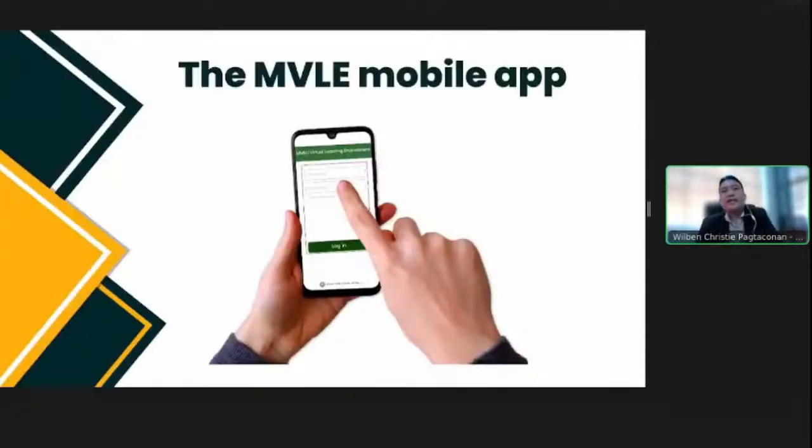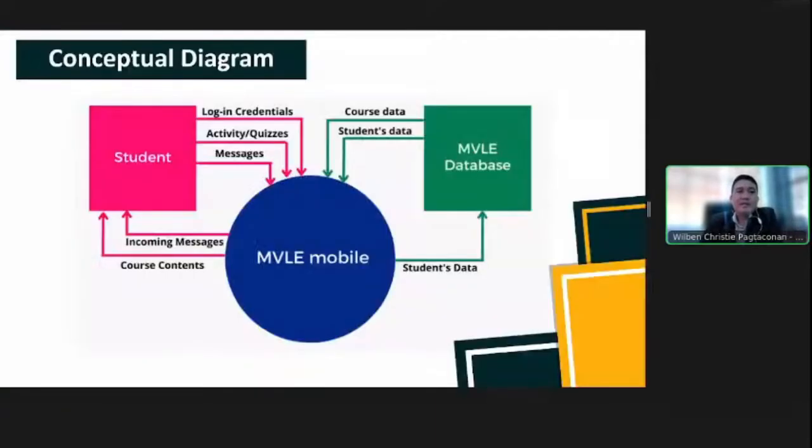Now, for the MVLE mobile app, this is a part of our strategy for making it handy to our students. So we have here the conceptual diagram. We just utilize the existing MVLE database, and then we created the mobile app carrying the credentials of our students, and then the existing activities submitted.